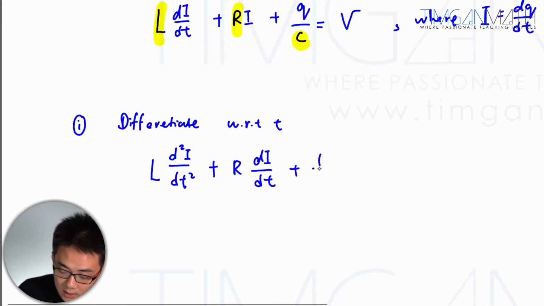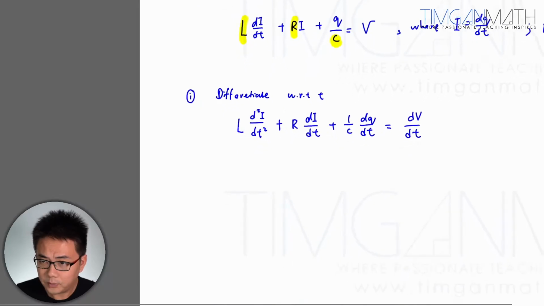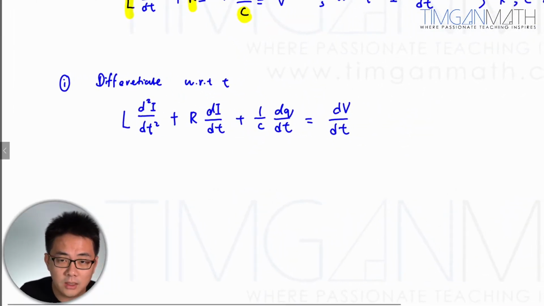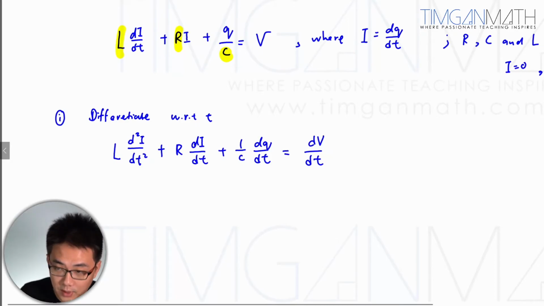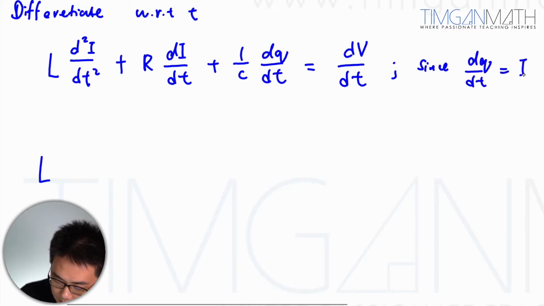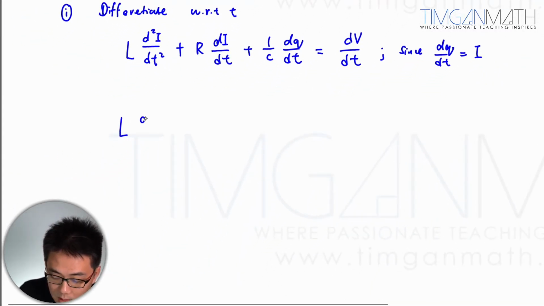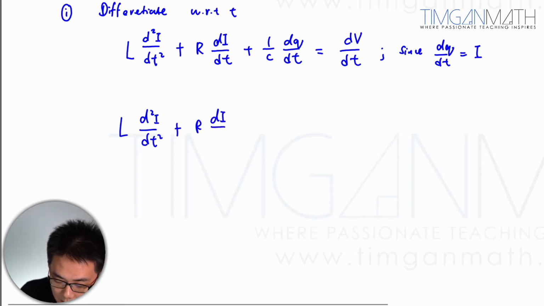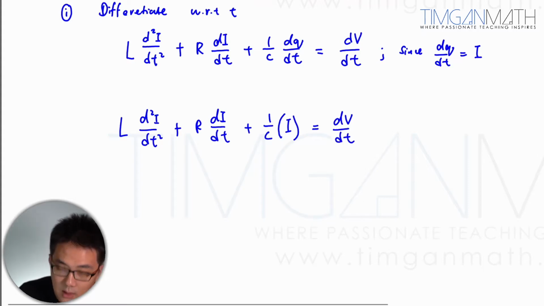And because 1 over C is a constant, this will be dQ over dt, and this will be dV over dt. Now dQ over dt is given by I, so we can replace it in. So this will be L d squared I over dt squared plus R dI over dt plus 1 over C times I equals dV over dt.